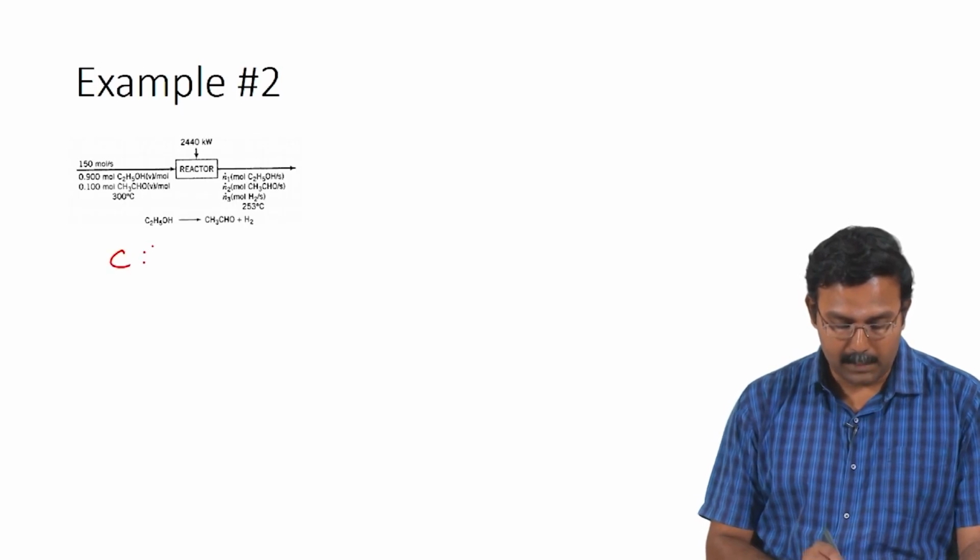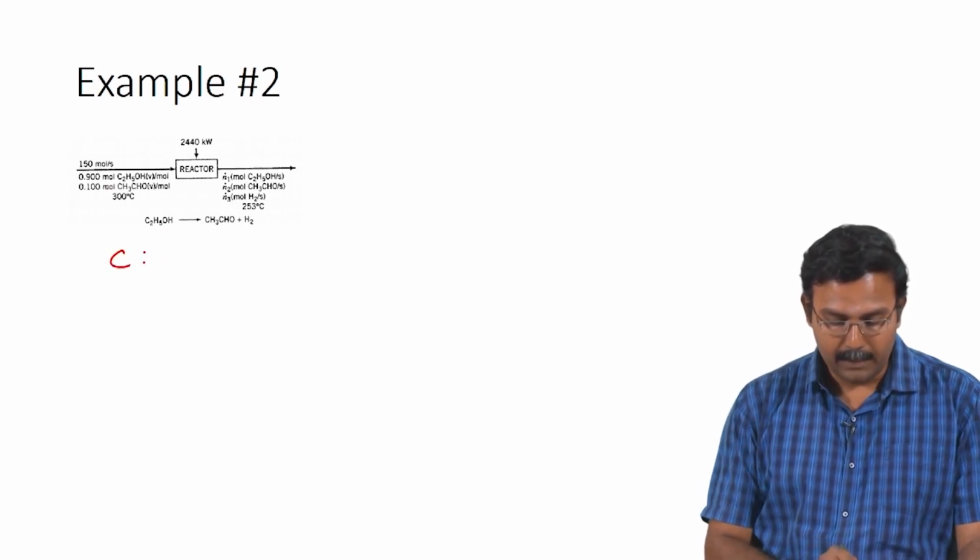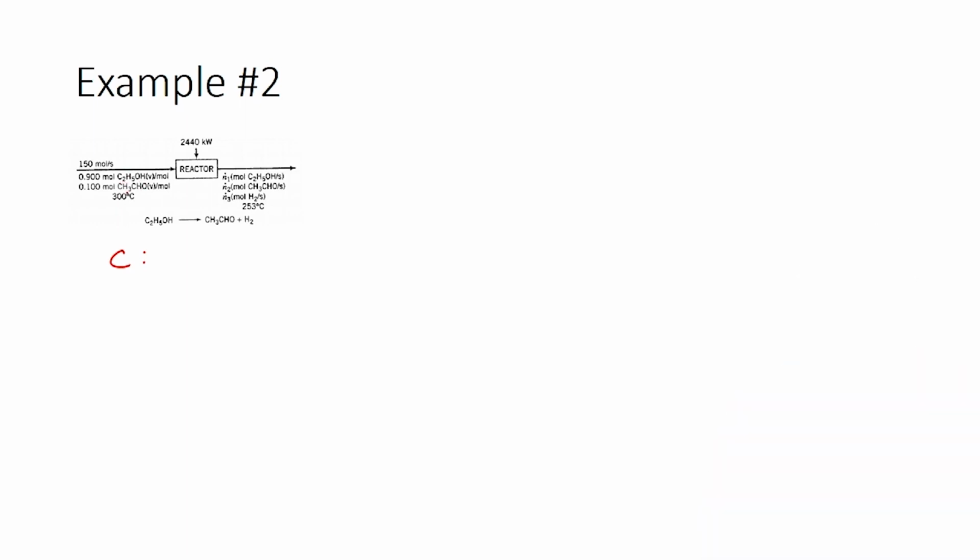The carbon balance for this system would be: you have 2 atoms of carbon in every molecule of ethanol. So, you would have 2 times 0.9 times 150, which is the number of atoms of carbon entering through ethanol, plus 2 times 0.1 times 150, which is the number of atoms of carbon entering through acetaldehyde. So, this would be the input term.